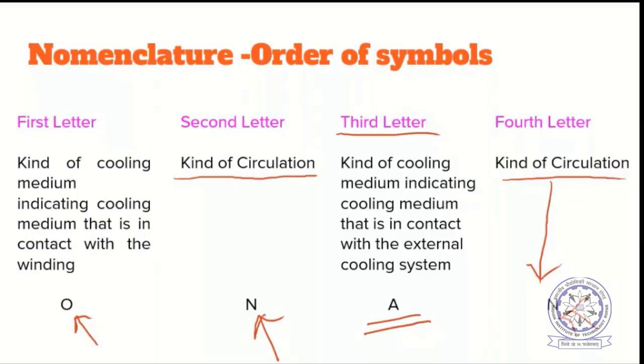Because it is oil, inside there will be oil in the tank, and because it is forced, there will be pumps which pump the oil throughout the transformer. There will be pipes outside the transformer, and a pumping system as well.